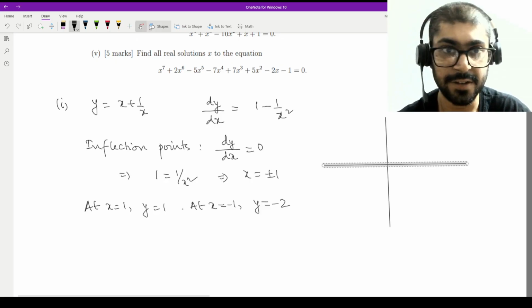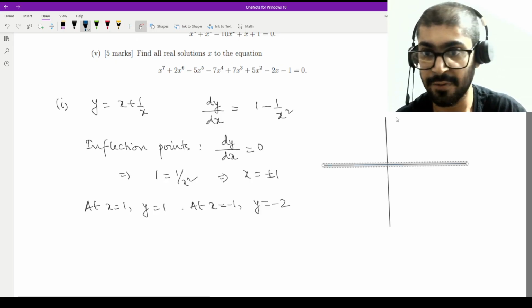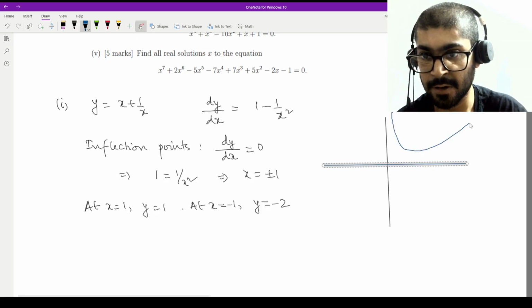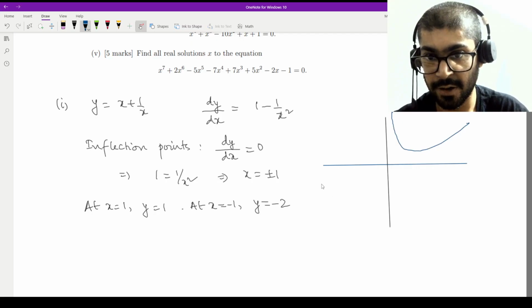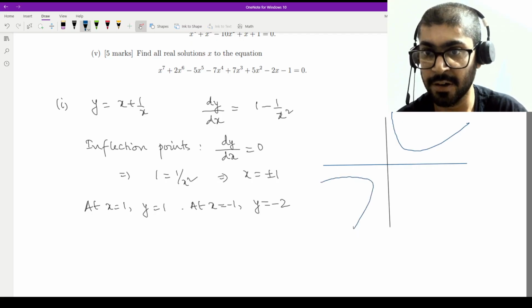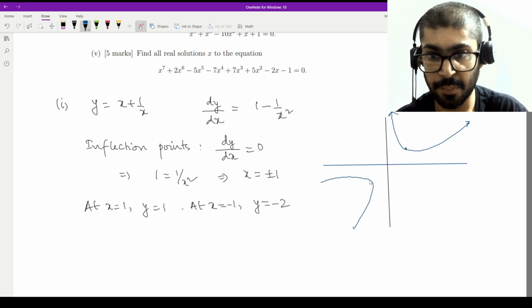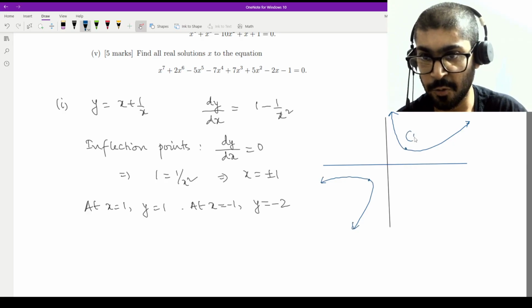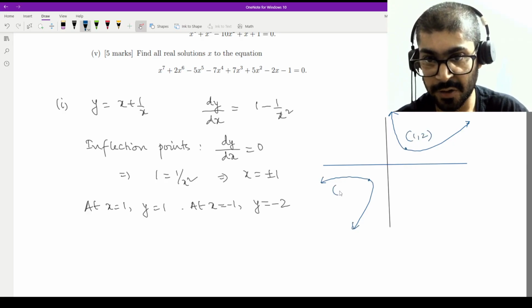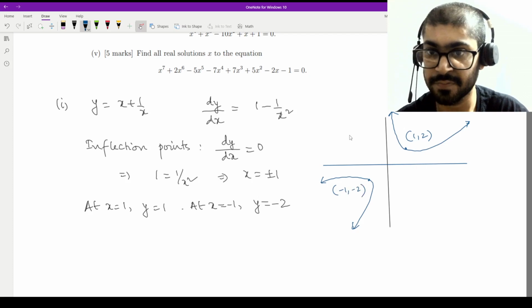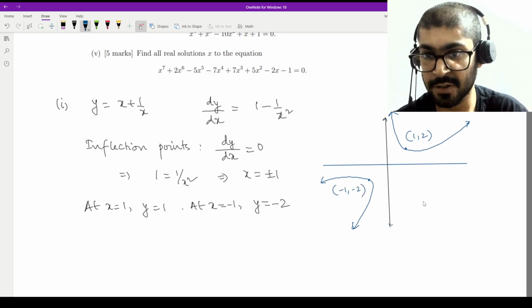So if this is the axis, then the graph will look like this and that. And where would the turning points be? Those are the points that we calculated. The first one was (1, 2) and this one is (-1, -2), right? So this is the coordinate axis. I hope you can make sense of it.